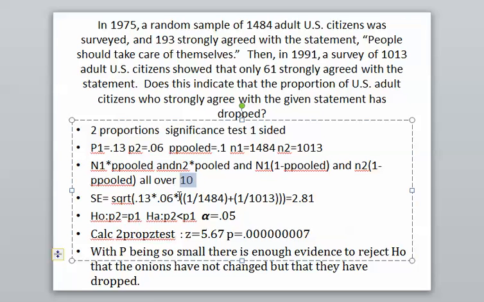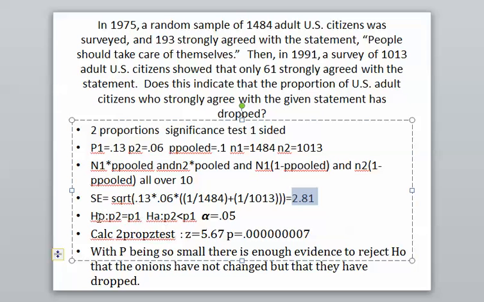So we know we're in good shape. Okay? So my standard error is the square root of 0.13 times 0.06 times 1 divided by 1,484 plus 1 divided by 1,013. So my standard error is turning out to be 2.81.